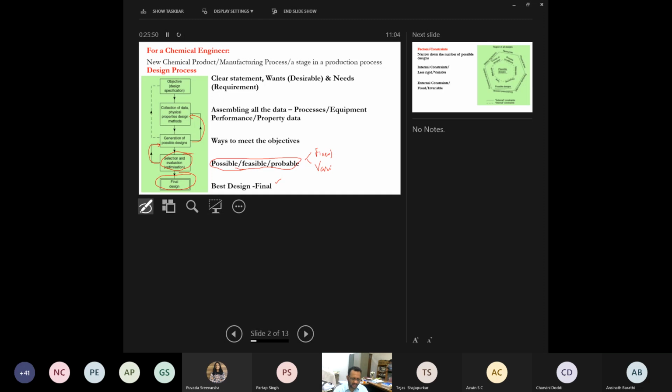Over the period, because of process intensification, people are talking about miniaturization of process plants. They want to go for very small plants in order to minimize the utility cost and raw material usage.